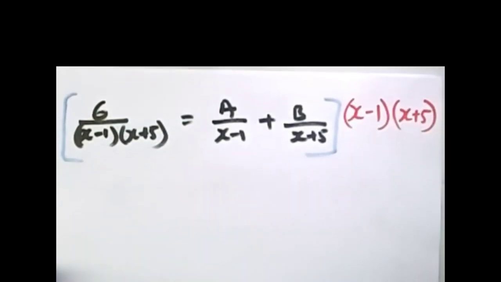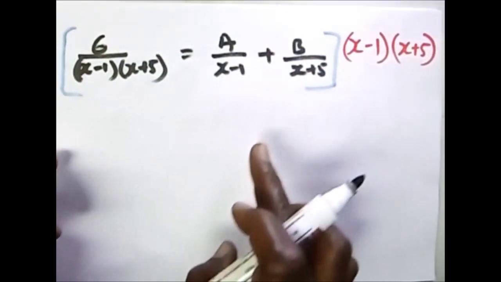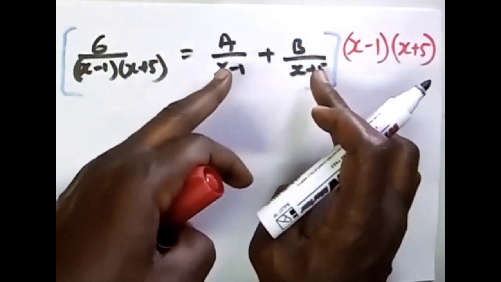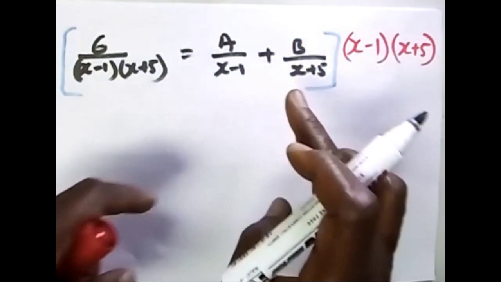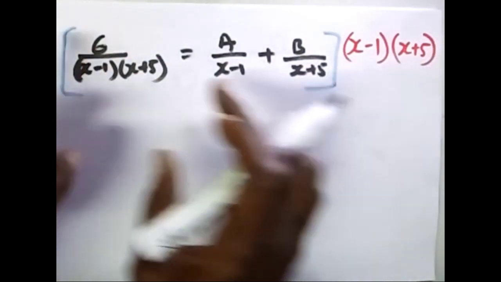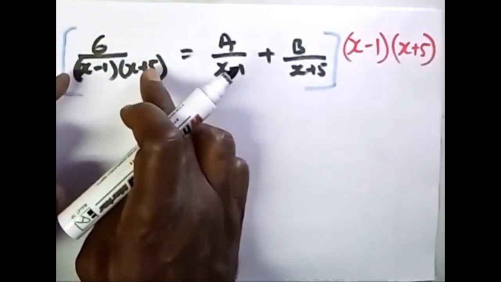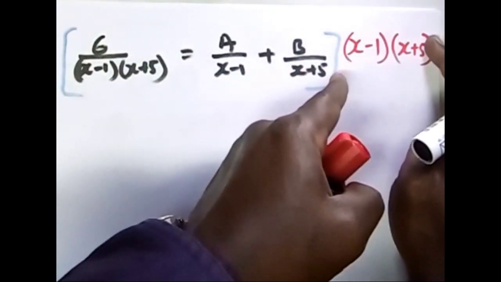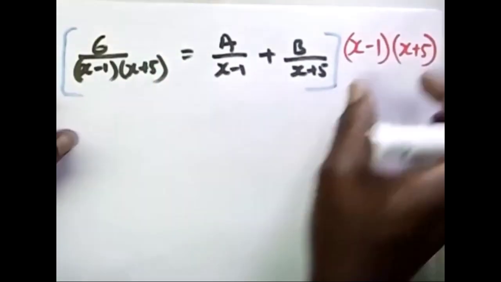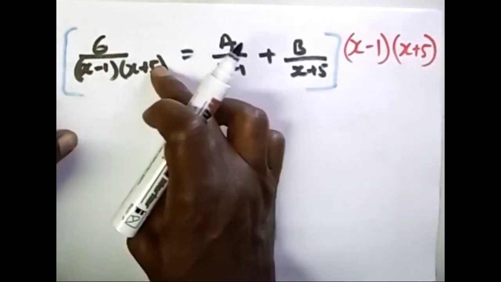All right, guys, so look at what I did. You have this expression, and then these are the two partial fractions where you want to look for the value of a and b. So I simply multiplied all of the expressions by this denominator. This same denominator, you have it here. So if I multiply this expression by this, of course, these two will go.